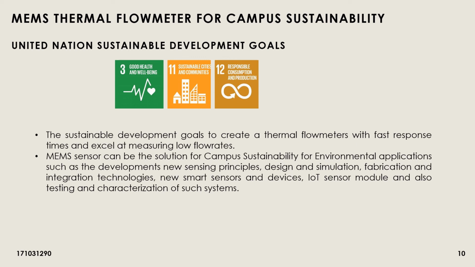And the limitation of the thermal flow meter is that they are used almost entirely for gas flow measurement. They have difficulty measuring liquid flow because of the slow response time involved in using the thermal principle on liquid. And the second limitation for the thermal flow meter is their accuracy.